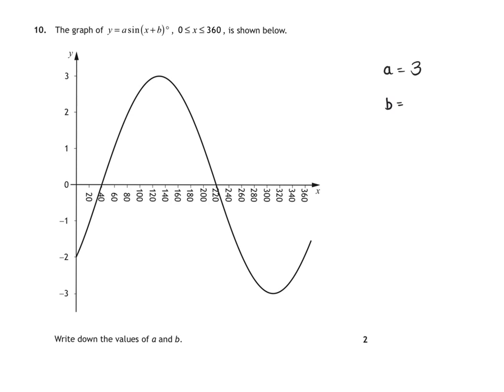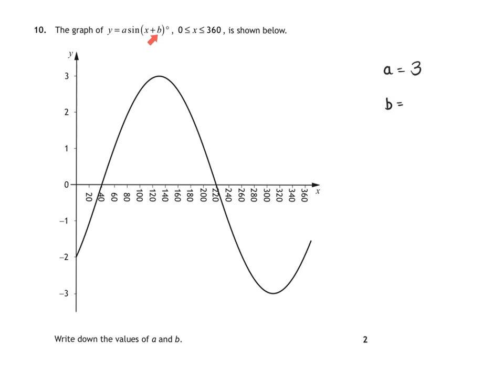Okay, the next bit's a bit more tricky. So in here, this is talking about how the graph has moved along this axis. So if we think, our sine graph should start at 0, go up to our maximum at 90, be crossing again at 180, down to 270, and back up to 360. So this in here moves the graph and changes where the graph starts. So it changes along the x-axis, so it doesn't start at 0, it starts somewhere else.